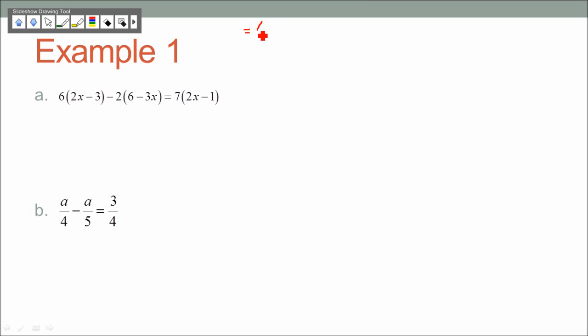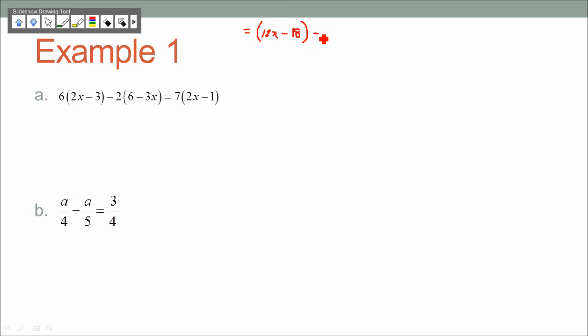So the first one that we have is 6 times 2x, which is 12x. Then we have 6 times minus 3, which is minus 18. And then I close the bracket so that I know that this first group is what I expanded down here.